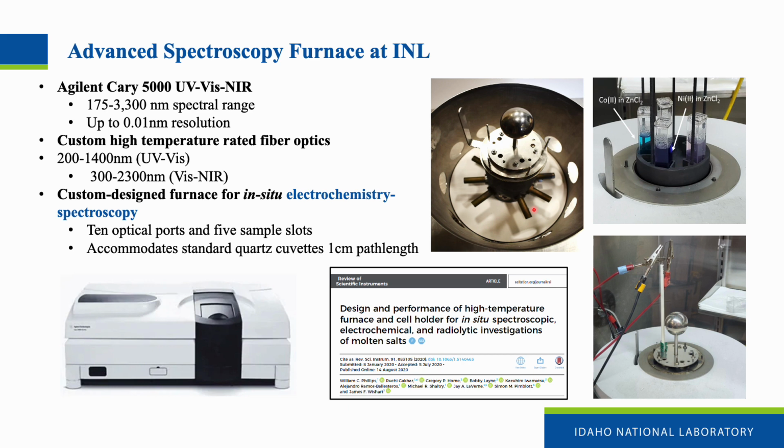The reason is that we can only handle these molten salts inside the glove box, because their chemistry is impacted if they come into contact with moisture or oxygen. So this furnace sits inside the glove box, and we use fiber optic cables that connect into these ports.